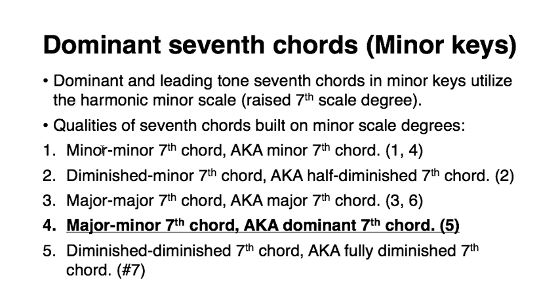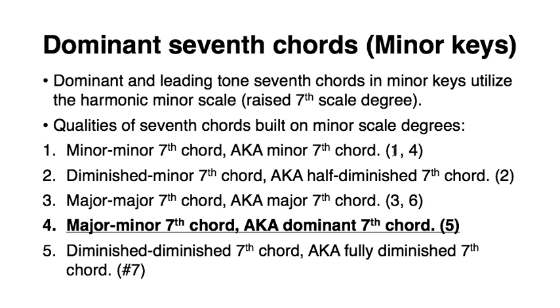So in consequence of that, we have minor 7th chords built on scale degrees 1 and 4. We have a half diminished 7th chord, that is a diminished triad with a minor 7th, built on scale degree 2. We have two major 7th chords built on scale degree 3 and 6. And then on scale degree 5, because of that raised 7th scale degree, we're going to have a major triad with a minor 7th, in other words, a dominant 7th chord built, you've guessed it, on the dominant.